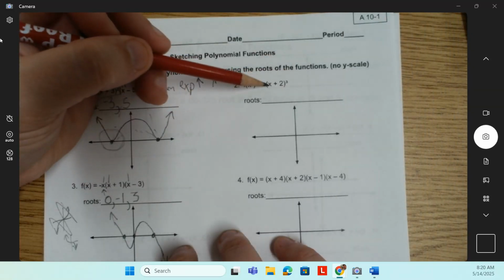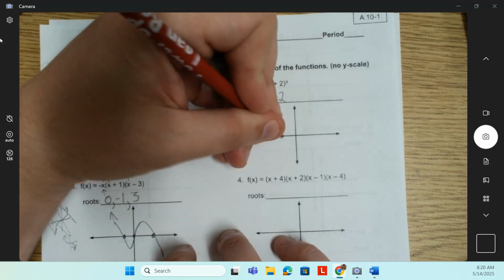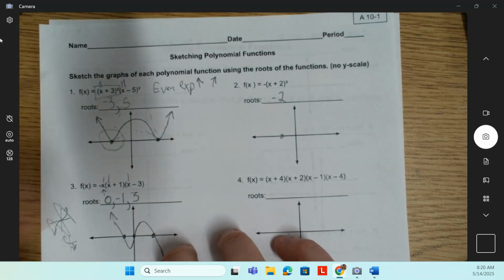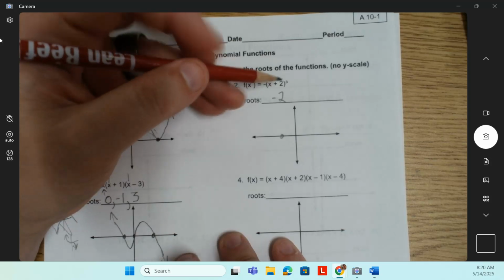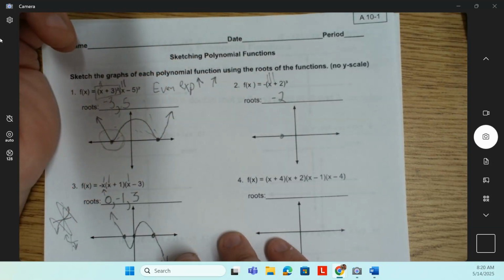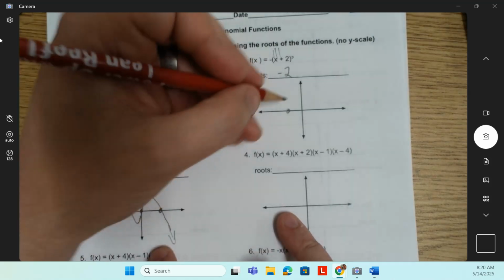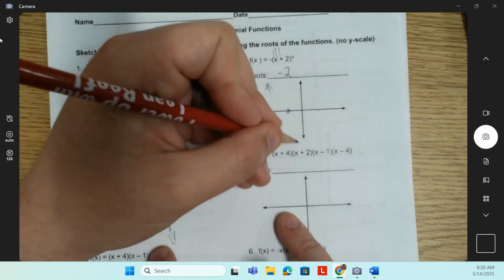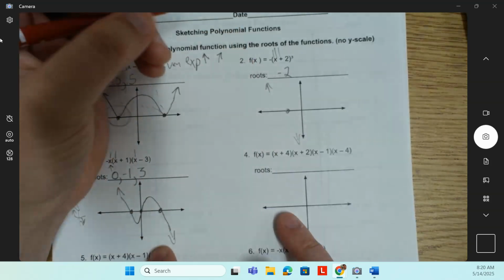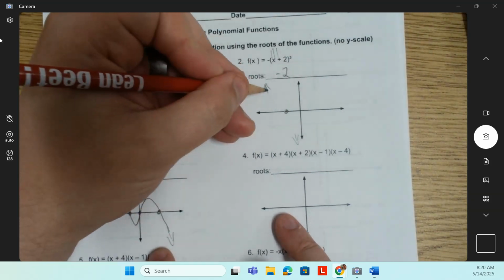Last thing, I've got x plus 2, so that root is at negative 2. And for this one, I've got 3 x's there. So it's going to meet it just like our x to the 3rd power. But just like this one down here, my end behavior is going up to the left, down to the right, because it has a negative in front.